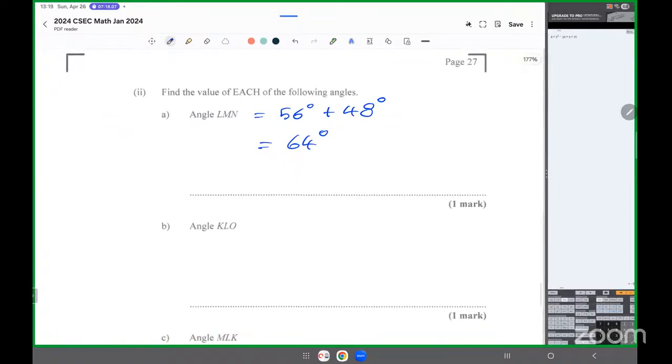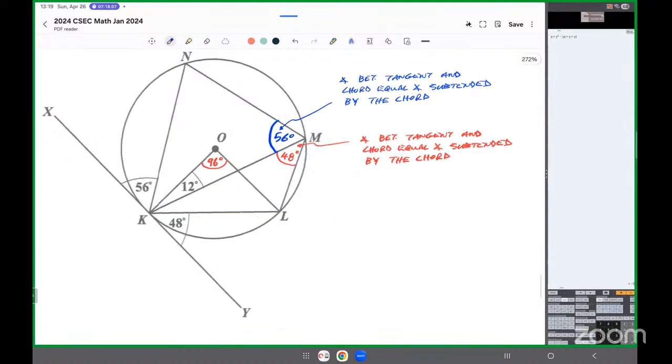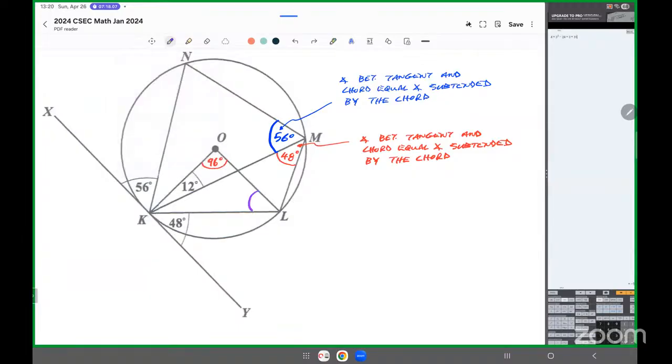Angle KLO. Where is it now? KLO. So I want this angle down here somewhere. I want this angle now, right? KLO. Guess what? That angle is one of the angles in this isosceles triangle.